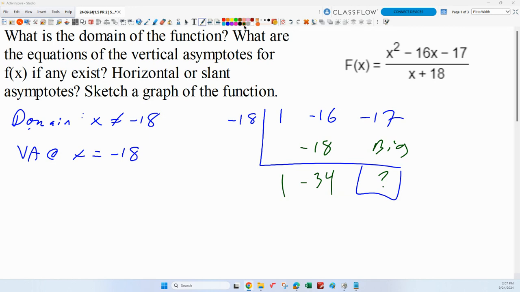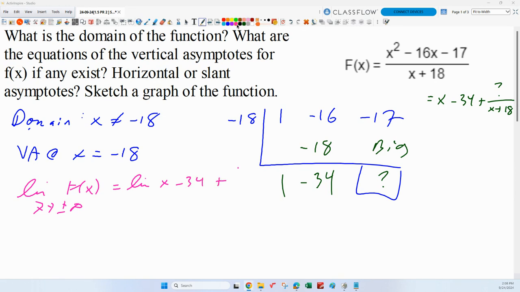We're just going to get this whole thing is equal to x minus 34 plus some number divided by x plus 18, right? But in the limit that x approaches infinity, the limit of f of x as x approaches plus or minus infinity then is going to equal the limit of x minus 34 plus some number divided by x plus 18.